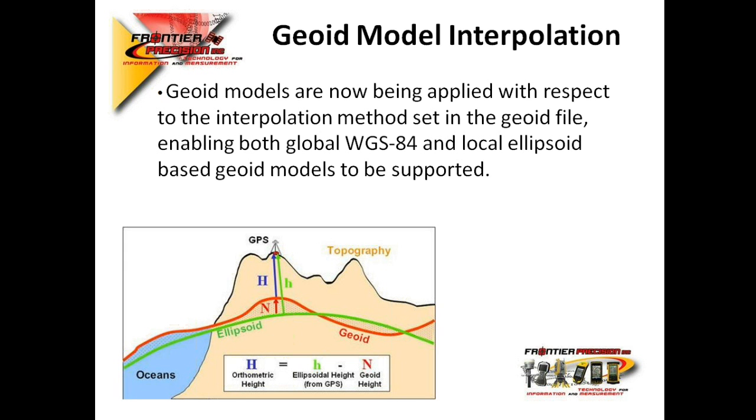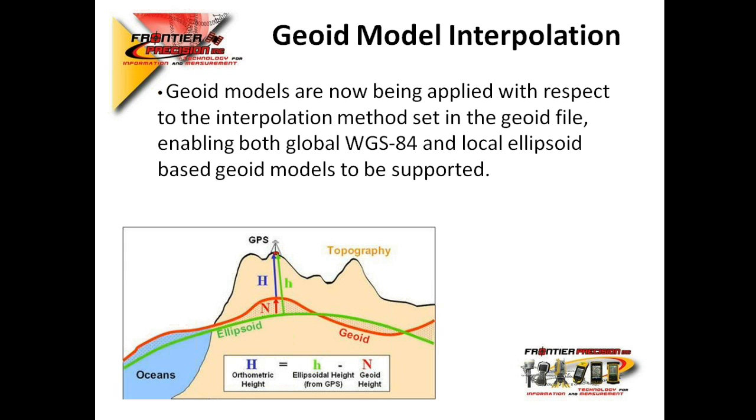This was introduced by Trimble here recently, but as you note in this particular slide, Geoid models are now being applied with respect to the interpolation method set within that file. That allows us to enable either a WGS84 interpolation or local ellipsoid interpolation based on the Geoid model that we support.